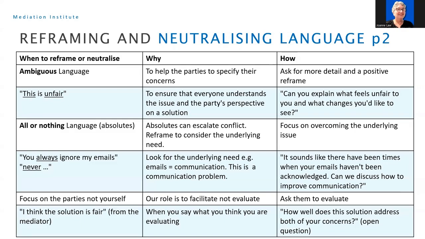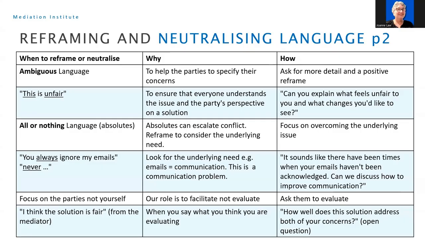So that all or nothing language, the absolutes, I already had something about that on the other page, but it's such a common pattern. The "you always," the "you never." Again, we need to look for the underlying need underneath the accusations and the thinking pattern that the person's doing. In that, they feel like they're not responding to their emails. What are emails? We can chunk up there.